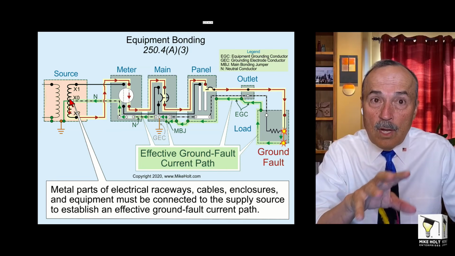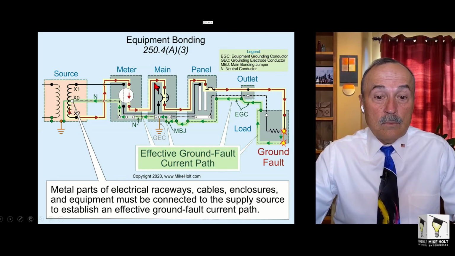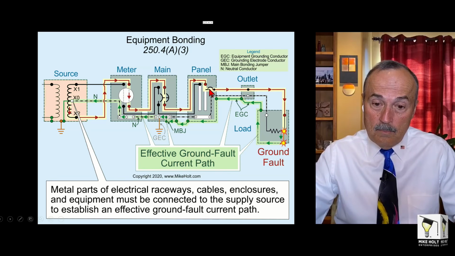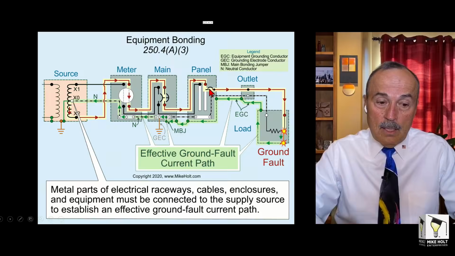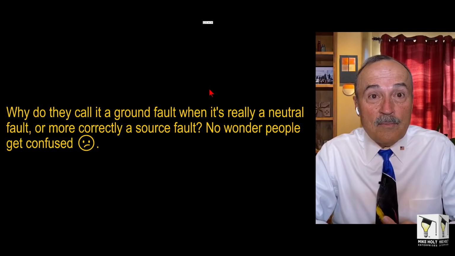It's called the effective ground fault current path. And that's what causes, hopefully, the breaker to trip. That's how smart electrons are.